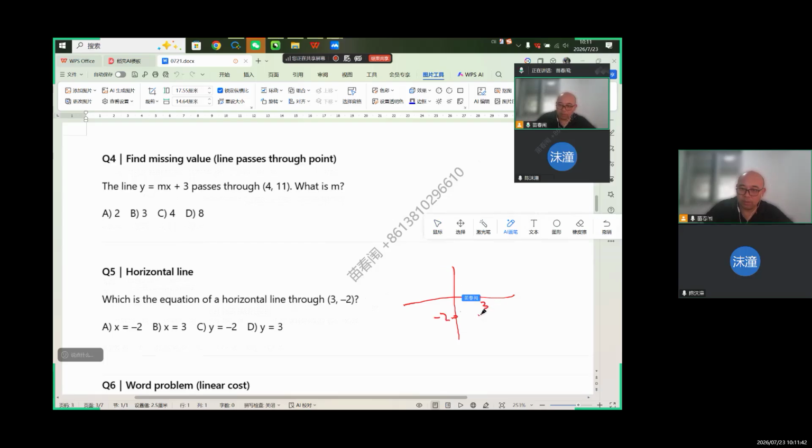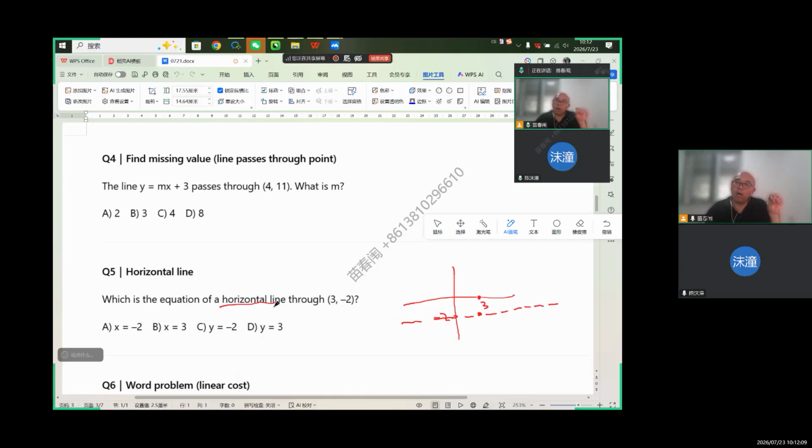It should be in here. And to make a horizontal line, it should be something like this, right? That horizontal line is one of those special lines. Horizontal or vertical? Which one did you choose? I picked D. Y equals -3.